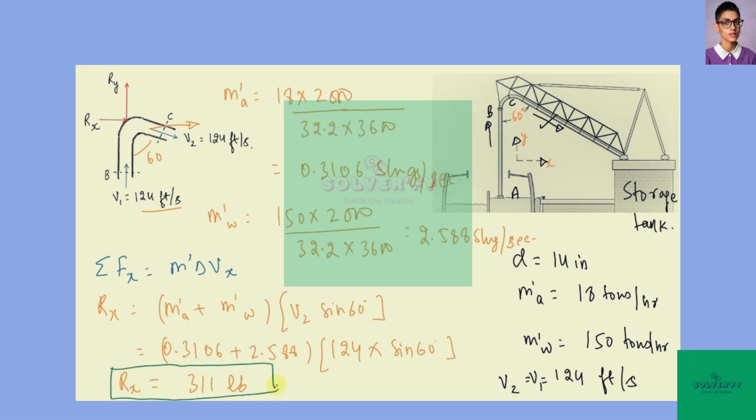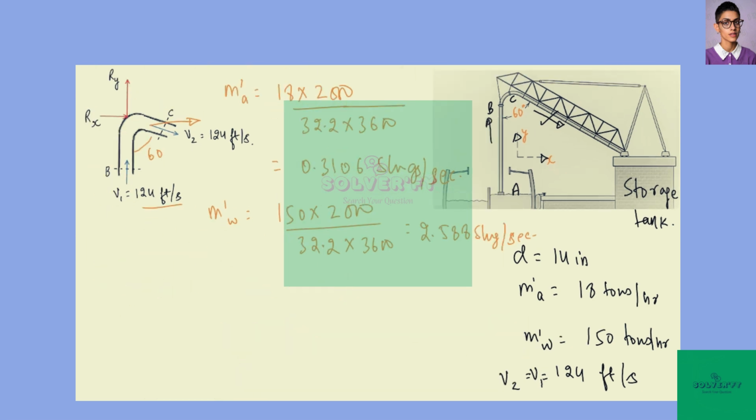Now next we can calculate Ry, and for that we'll apply the force momentum equation in the vertical direction. So we can write that sigma Fy would be equal to m dot delta Vy. Now in the y direction we have only one force, that is Ry. So Ry will be equal to m dot, we have to take both these two terms, that is m dot a plus m dot w, times the final velocity minus the initial velocity.